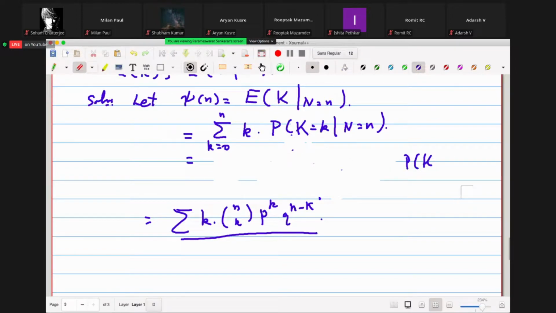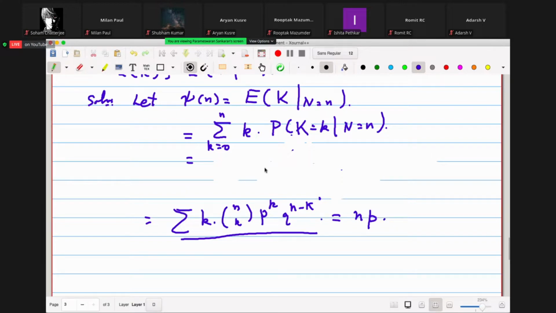So it will get cancelled with this one, and I get this. This is equal to n times p, because it follows a binomial distribution. So the sum from k equals 0 to k equals n is just np.